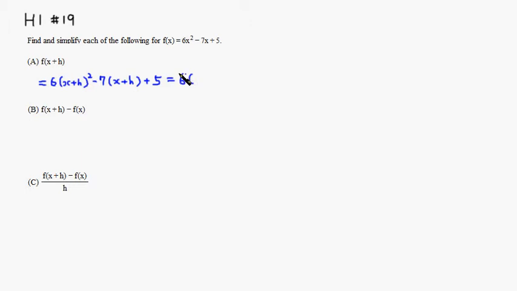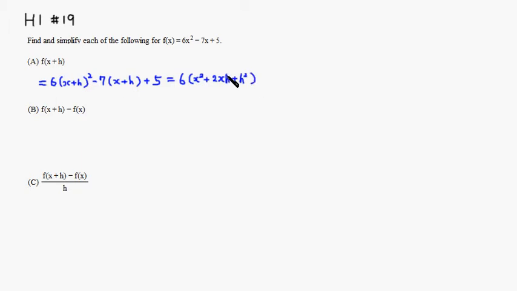if you do x plus h squared, it would be x squared plus 2xh plus h squared.